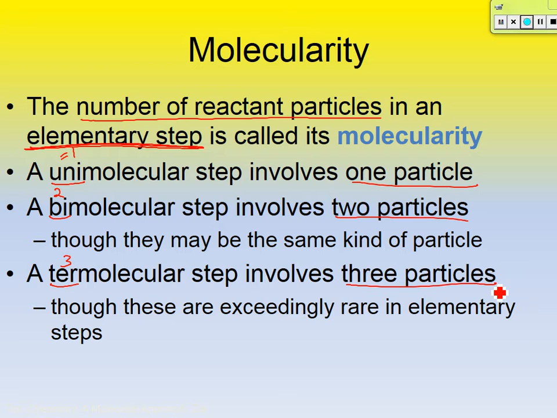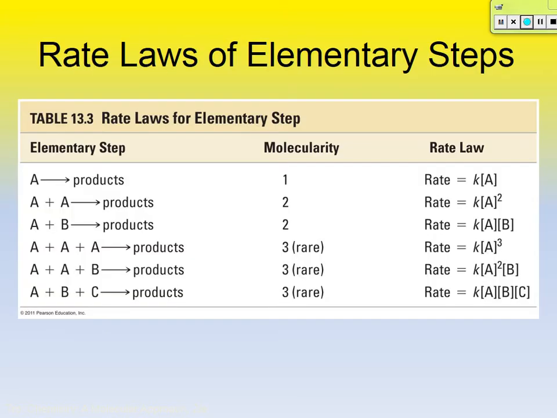But here's a slide that will explain what I'm talking about in a little more detail, and hopefully this will make sense. So here are my elementary steps. For this first one, we've just got 1 reactant. So if you've just got 1 reactant in your elementary step, the molecularity is 1, or it's called unimolecular.